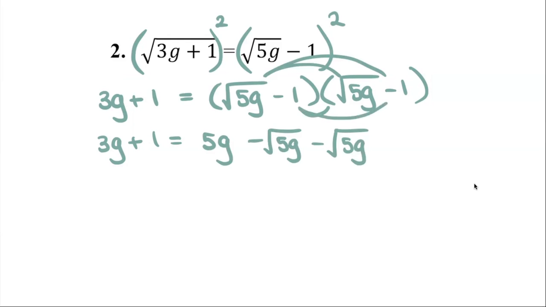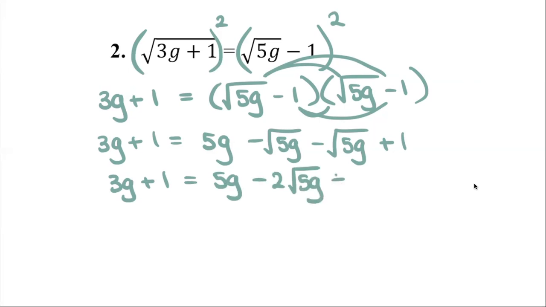And multiply the outsides, and I get positive 1. Okay, so it looks a little more complicated than our original, but it looks like 2 rads, and when we simplify this down, we're only going to have 1 rad left. So that is progress, right?